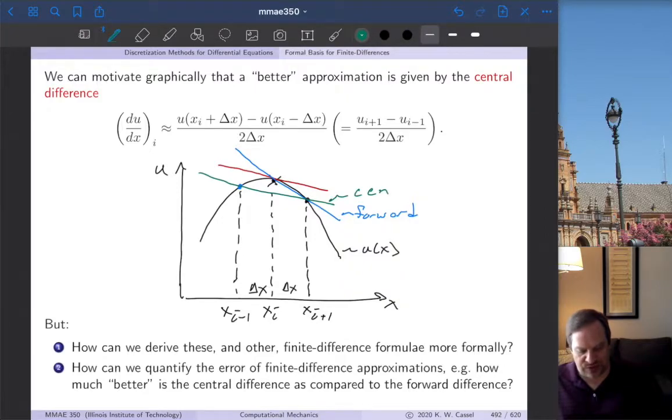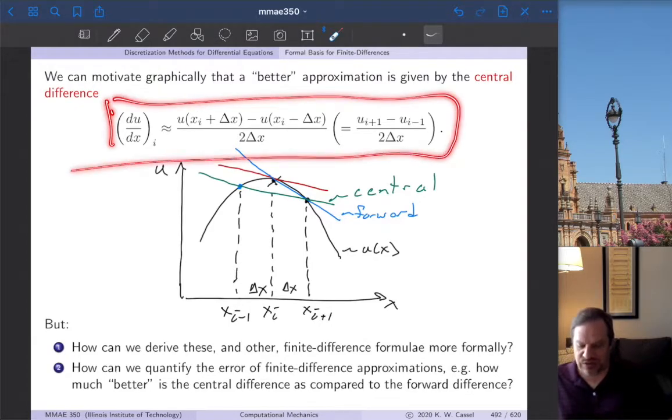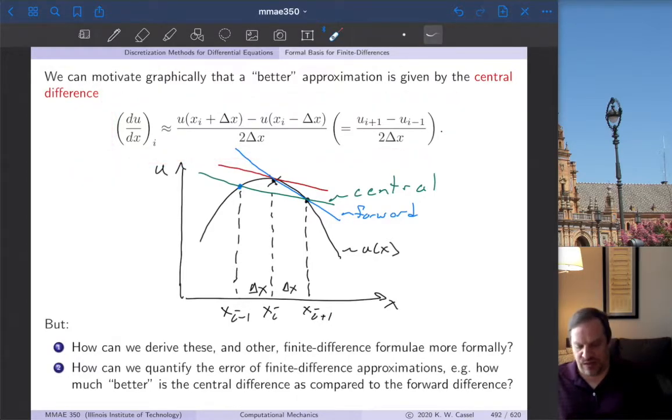That's what's called a central difference. Now it's the point to the right minus the point to the left, divided by the distance between them, which is now 2 delta x, which is exactly what we have up here. So this is called a central difference. It's u sub i plus 1 minus u sub i minus 1, so this point minus this point, divided by 2 delta x, the distance between them.